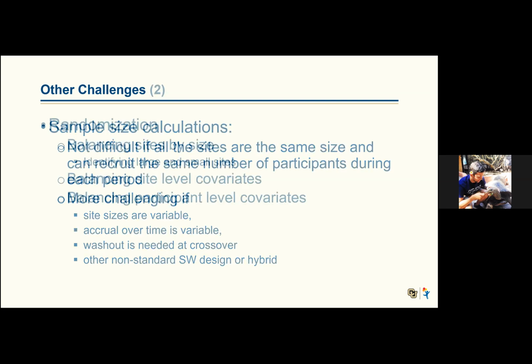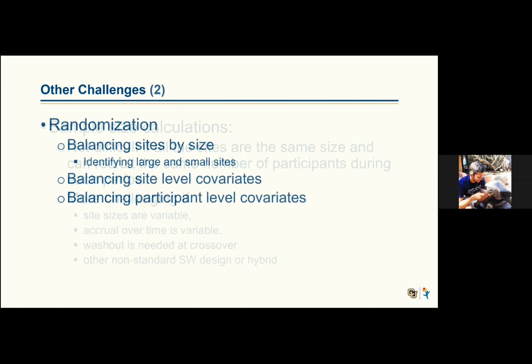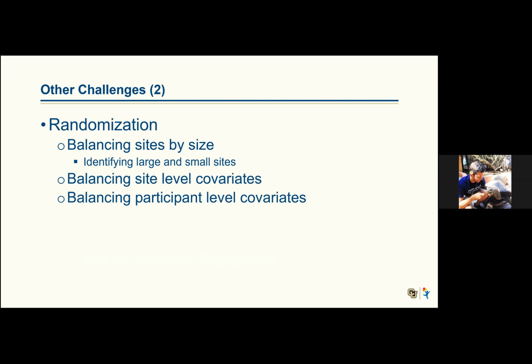Randomization is something that needs to be thought about. Obviously, balancing sites by their size requires identifying which are going to be the small ones and which are going to be the large ones.